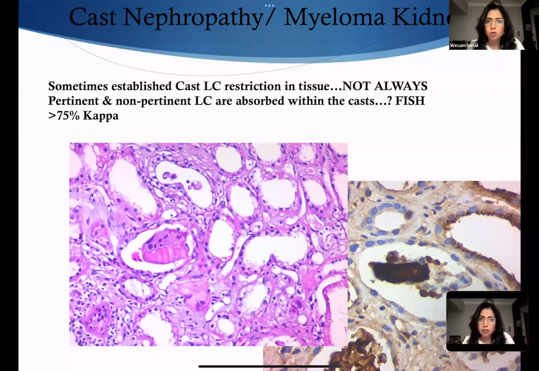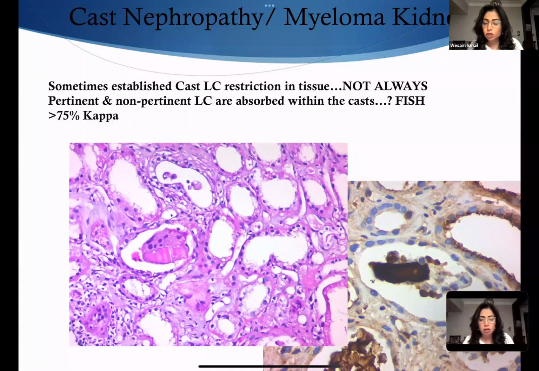But with time, the lambda also gets deposited in the same cast. So when you come to stain for it, you get both kappa and lambda staining. So it's not always feasible to establish this light chain restriction if the process has been going on for some time. The kappa is the pertinent light chain, but the other light chain gets deposited too.